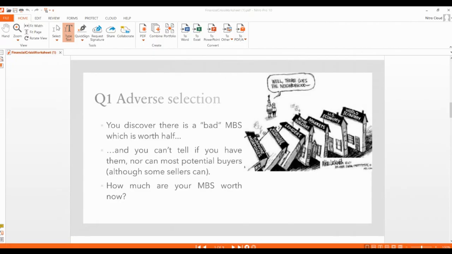You can put it in the chat. So the idea is, in an adverse selection situation, an extreme one, as discussed, only the bad version will circulate. And so the bad version is worth half of the regular version. And so that means that your mortgage-backed securities are now worth 100, exactly.